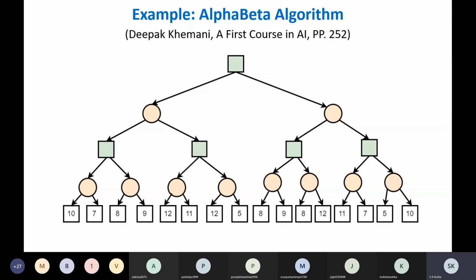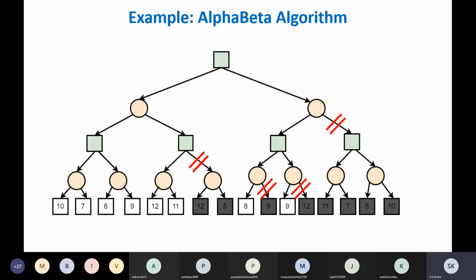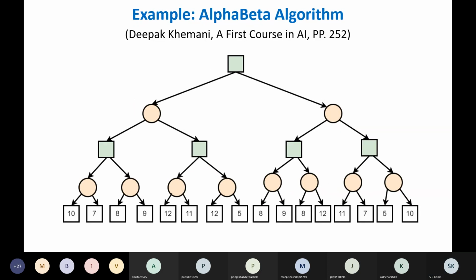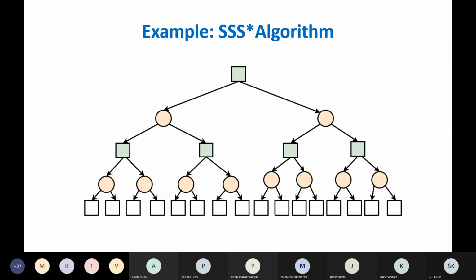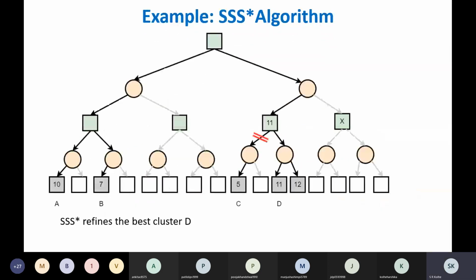Again, come to our example. Now what saving are we going to get? Alpha beta cutoff, you trace its execution at home on this game tree. I am skipping this for right now.